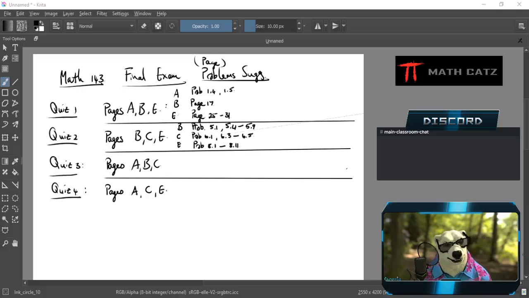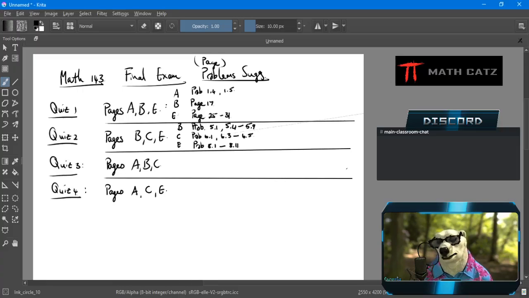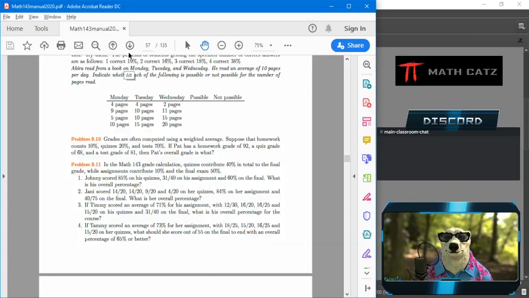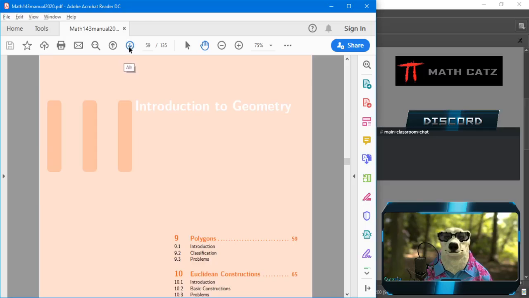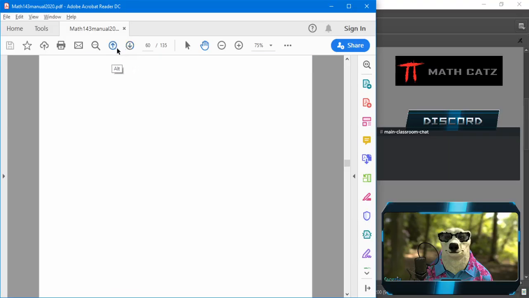Next up is the quiz 3 topics, A, B, and C. So let's have a look for A, B, and C. What problems are the most appropriate? It doesn't mean if you just do those problems and absolutely nothing else, then it's going to be perfect.